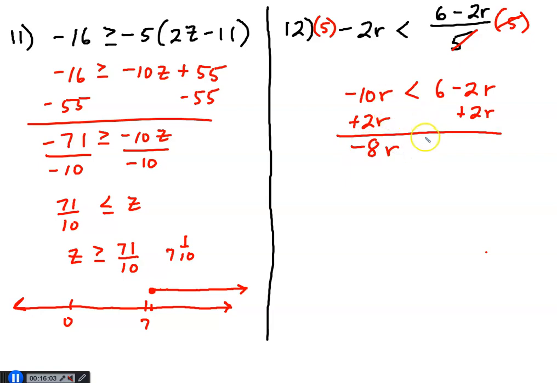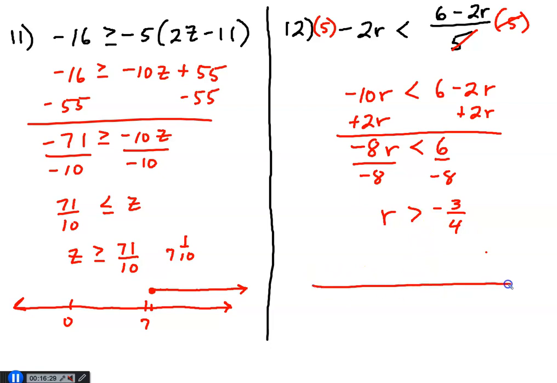And that gives me negative 8r is less than 6. I need to divide by negative 8 on both sides. Remember, dividing by negative means that you're going to have to switch the direction of the inequality. And this is a reducible fraction. 2 goes into both 6 and negative 8, so the reduced form would be negative 3/4.